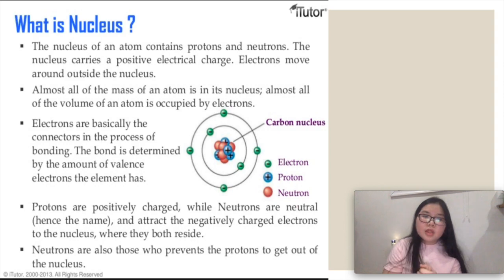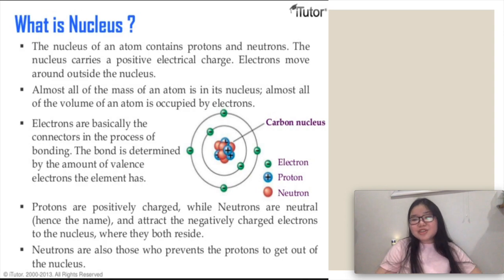Actually, almost all of the mass of an atom is in its nucleus. Why? Because it is the biggest part of an atom. Even though the mass of an atom is in its nucleus, the volume is in the electrons. Why?